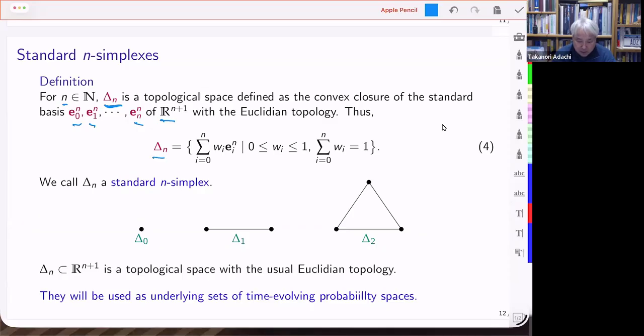Then this Delta n is defined as the set of all convex linear combinations spanned by these basis vectors. Here the wi are coefficients between 0 and 1, and the sum of all of them is 1. So it's just a convex subset of R^(n+1).